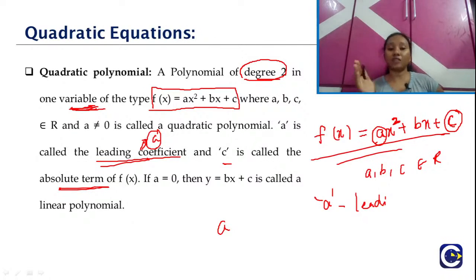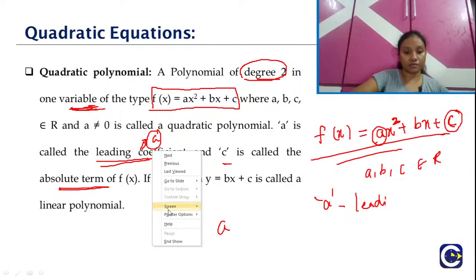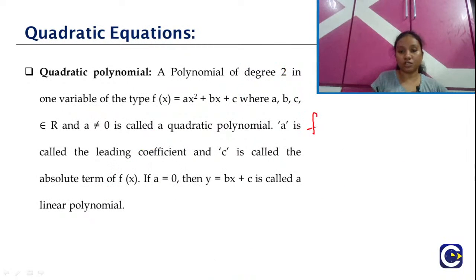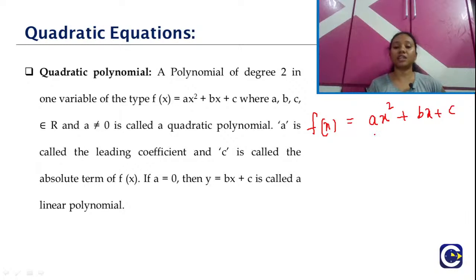So what happens if the leading coefficient value becomes 0? Let's take our standard quadratic polynomial, ax square plus bx plus c. Here a is the leading coefficient.